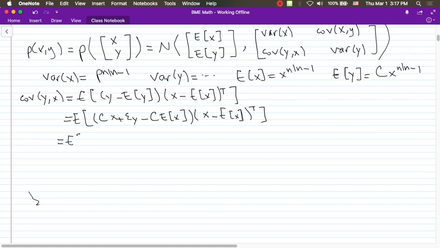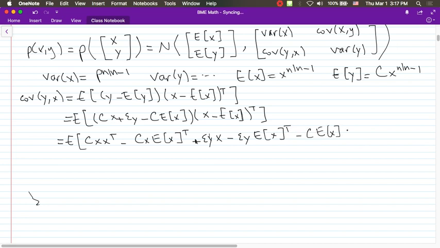All right, so I'm going to have to multiply some variables here. I'm going to get cx x transpose minus cx expected value of x transpose plus epsilon y times x minus epsilon y times expected value of x transpose minus c expected value of x x transpose plus c expected value of x expected value of x transpose, the whole thing.